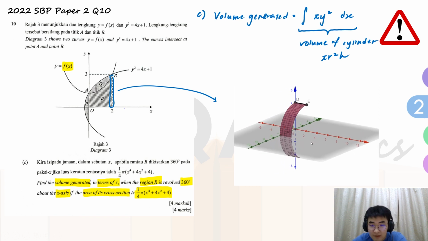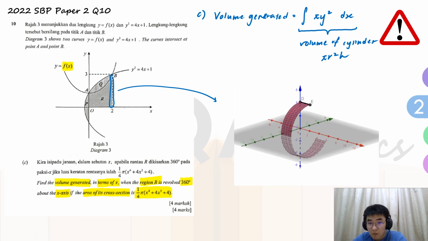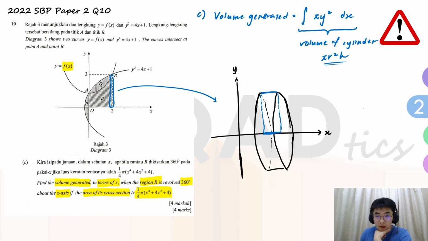So if you notice, this rectangle will rotate to become a cylinder. And you might ask a follow-up question, which is, why is here r but here is y, and why is here h but here is dx, right? The reason is because they're using the measurements in this xy plane. So let's say we want to find the radius, which is this thing.